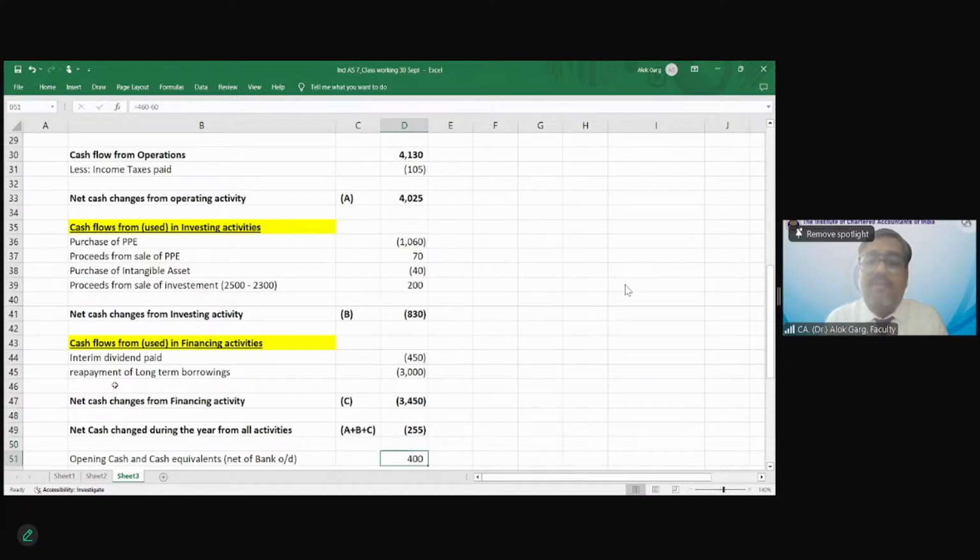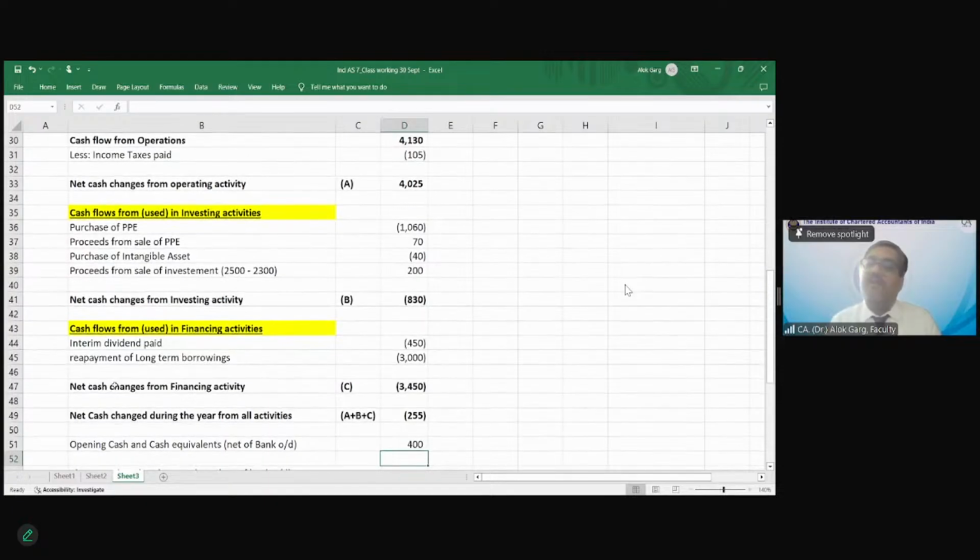My opening cash and cash equivalent was 400, and I have spent net 255 rupees of cash during the year. What should be my closing balance? 400 minus 255. You had 400 rupees in your piggy bank as opening balance, you spent 255 from your pocket, so how much is left in your pocket? 145. It should be 145.